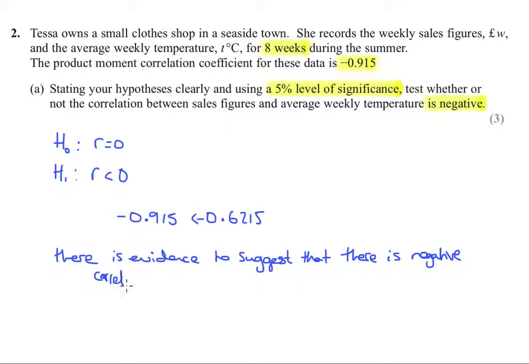Okay, that's all we have to do. That's why it's only a 3 marker. So we would reject the null hypothesis and accept the alternative.